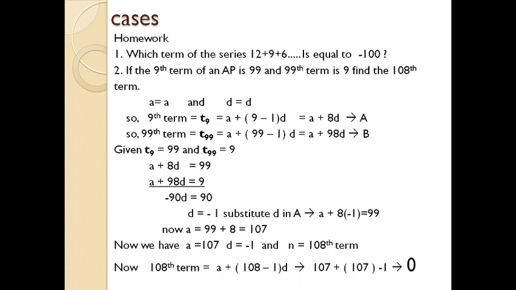So you can now apply the details to the arithmetic progression equation for the 108th term, which equals a plus 108 minus 1 into d. You will get 107 plus 107 into minus 1. Finally, the answer is 0. I hope you understand the concept.